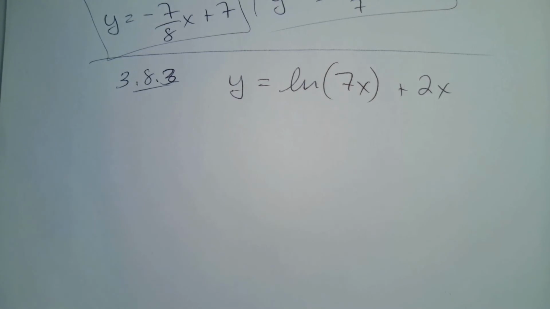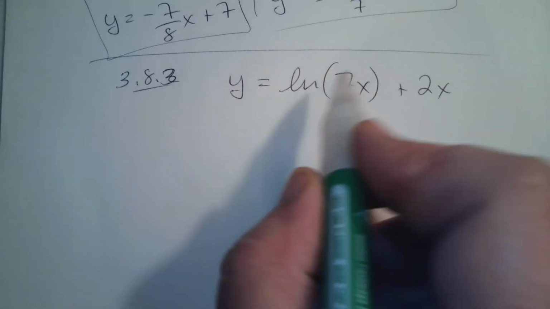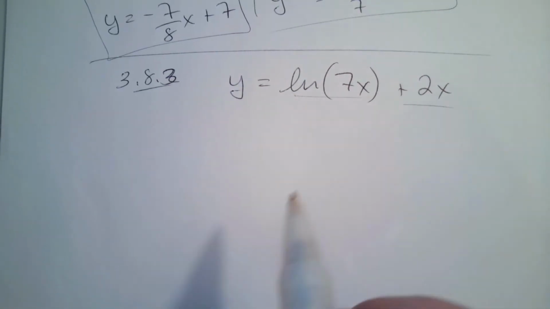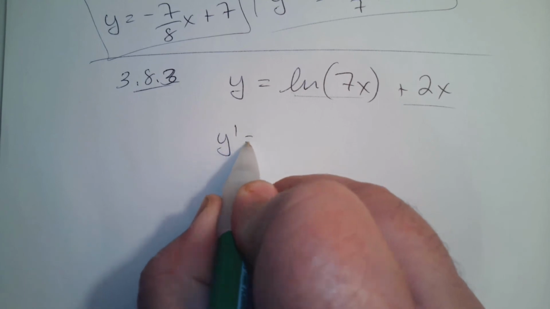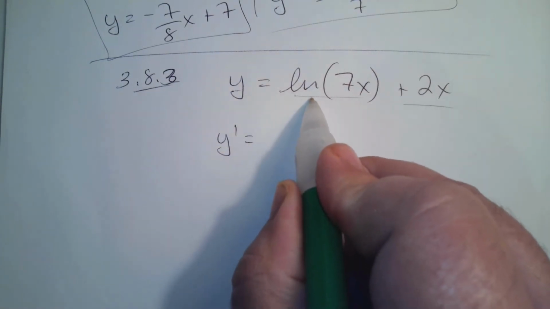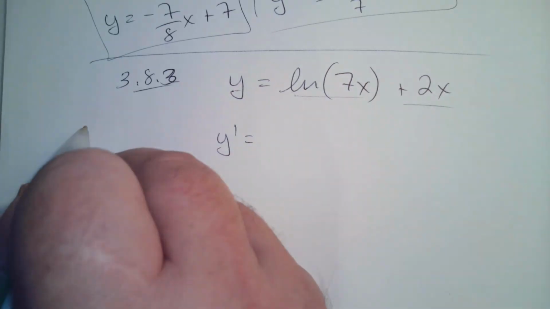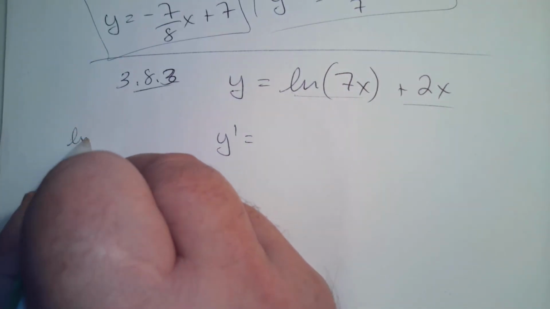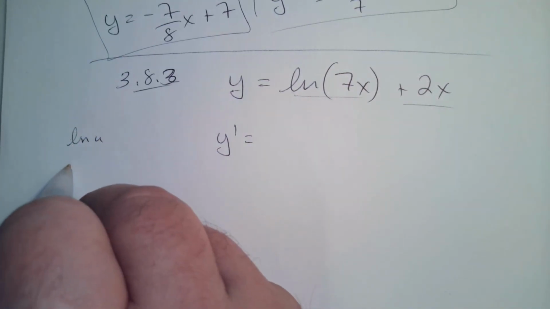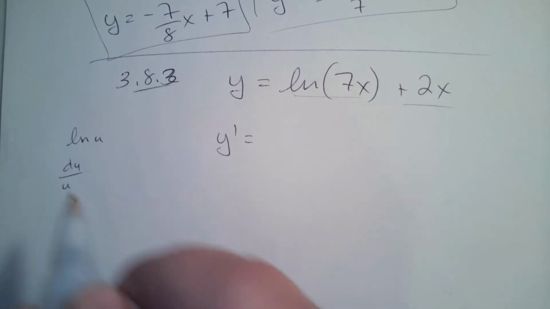So we're supposed to find the derivative of this function. Since it's two separate parts, the derivative of ln u is du over u.